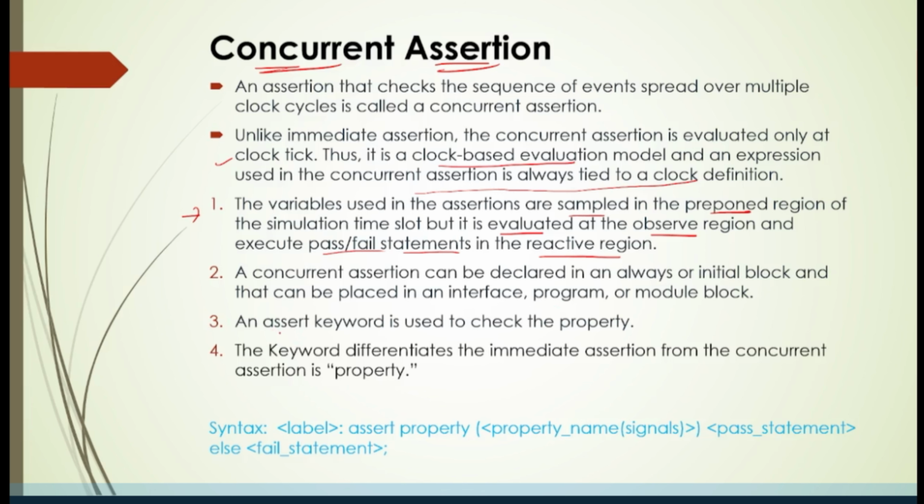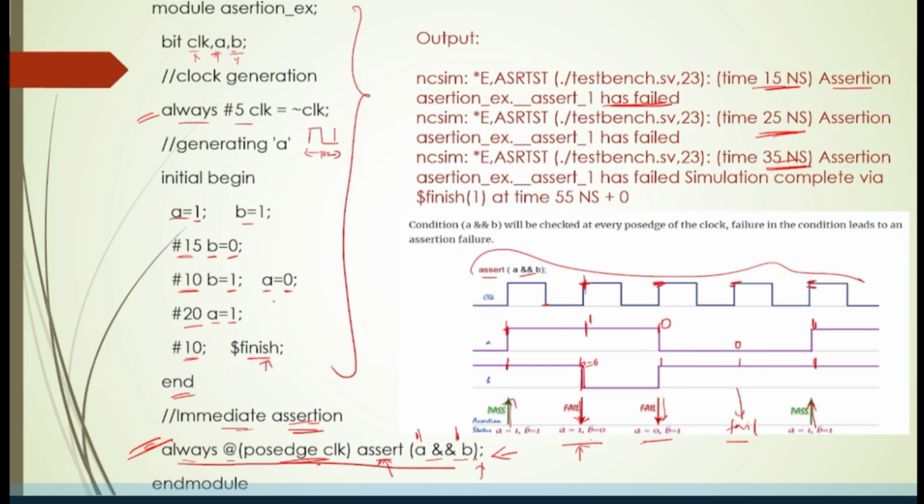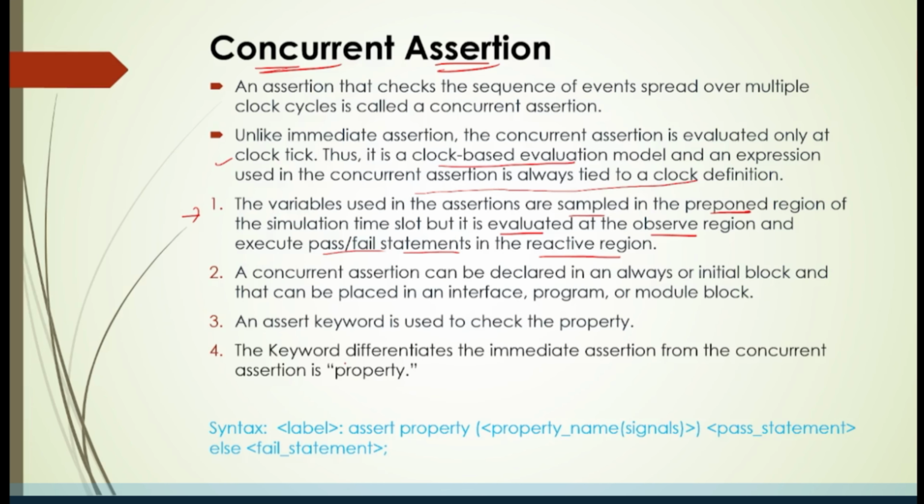In immediate assertions, we have already talked about how assert is the keyword. The execution of the assertion takes place by using the keyword assert. Similarly, in a concurrent assertion, the keyword is assert property. We will discuss what this property is in the upcoming sessions.